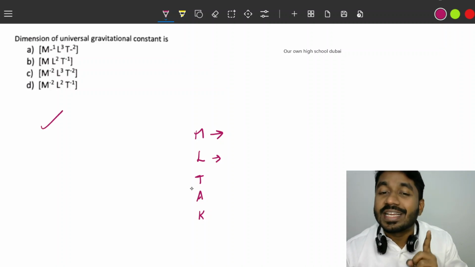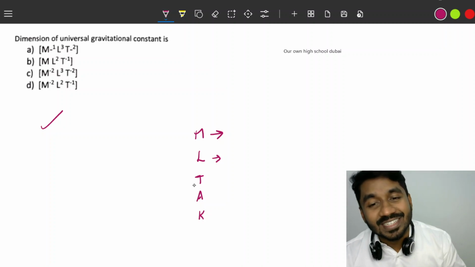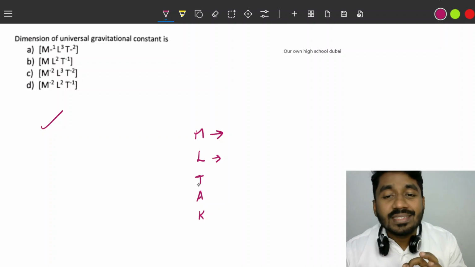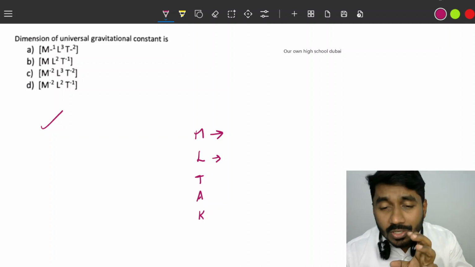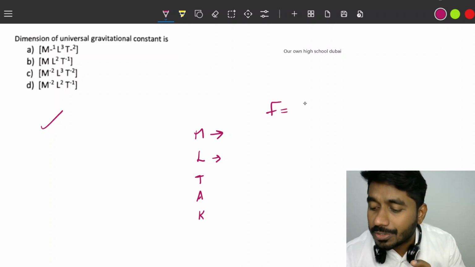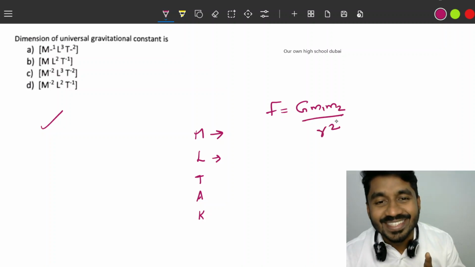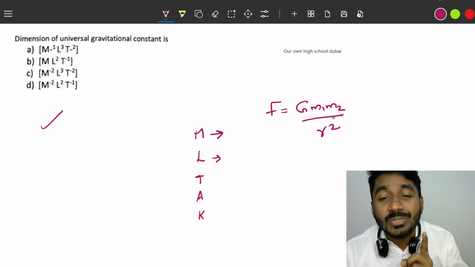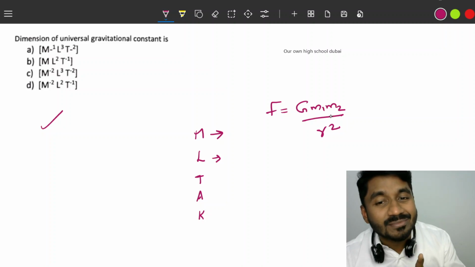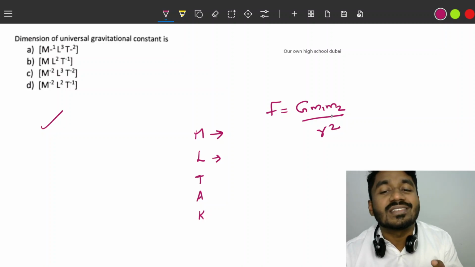At least you will get a question related to the universal gravitational constant, right? So let's see how to find the dimension of the universal gravitational constant. We know that F equals G m1 m2 by r square. This is the gravitational force between two objects of mass m1 and m2, situated at a distance of r.